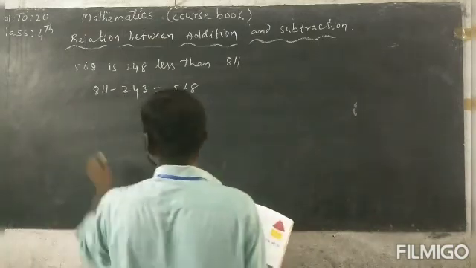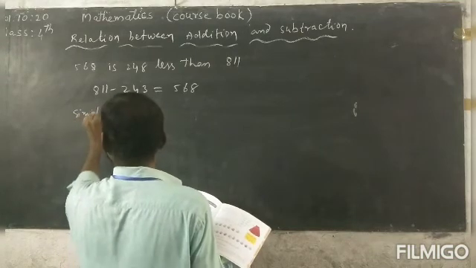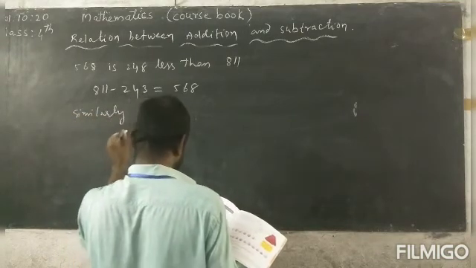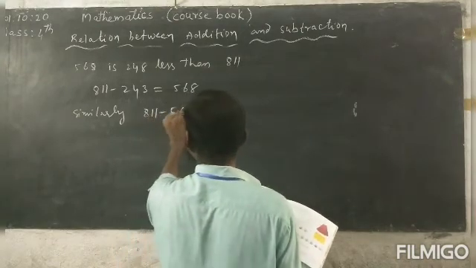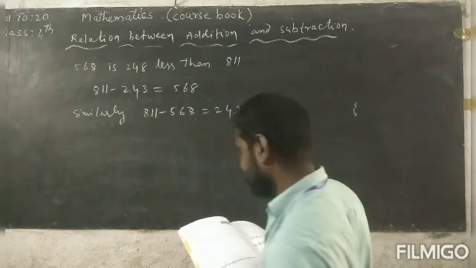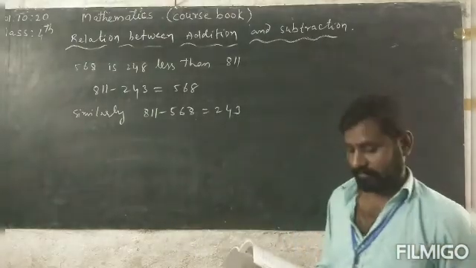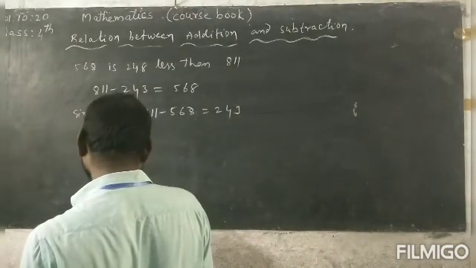In the same way, similarly, 811 minus 568, you get 243. Here, the total of 3 facts can be arrived at with the above information.